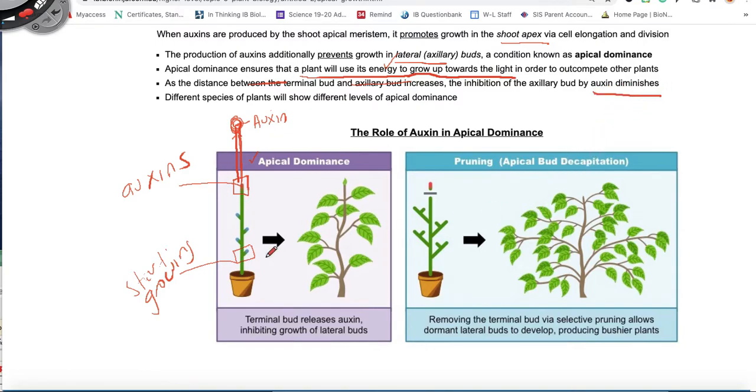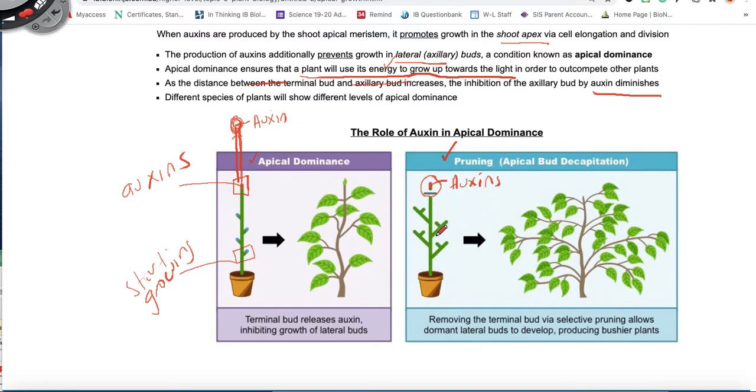So if you are trying to counterbalance this apical dominance, let's say you're into gardening, and you don't want your plant to be just tall and skinny with very few branches and leaves. You want it to be bushy. So you do something called pruning, or an apical bud decapitation. That sounds very violent. But what you do is you cut off the apical meristem or the apical bud, and this is where you have the accumulation of auxins. So what is that going to do?